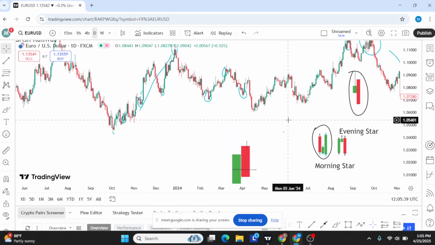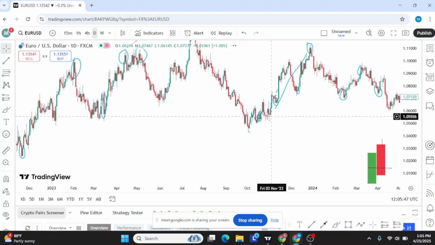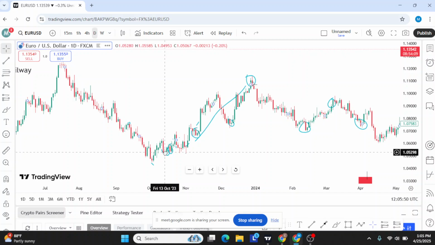But before we say we want to move to another topic, we have to make sure we understand all the candlestick patterns we have discussed from the single to the double.